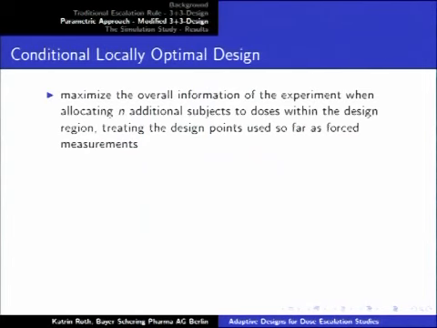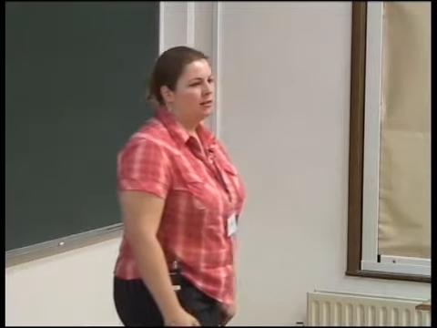Okay, what is this conditional locally optimal design? What I want to do is maximize the overall information of the experiments when I allocate n additional subjects to doses within a defined design region and treating the design points used so far as forced measurements. I want to include the information I got from the previous observations. I don't want to ignore them.